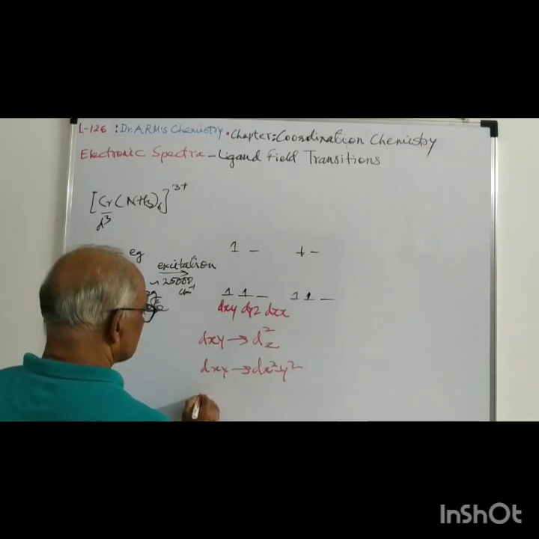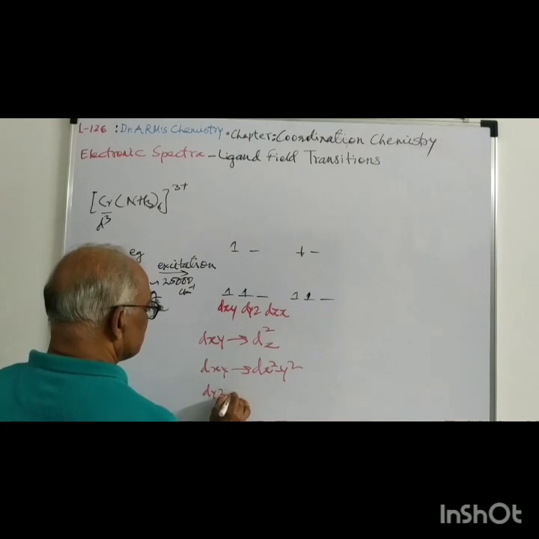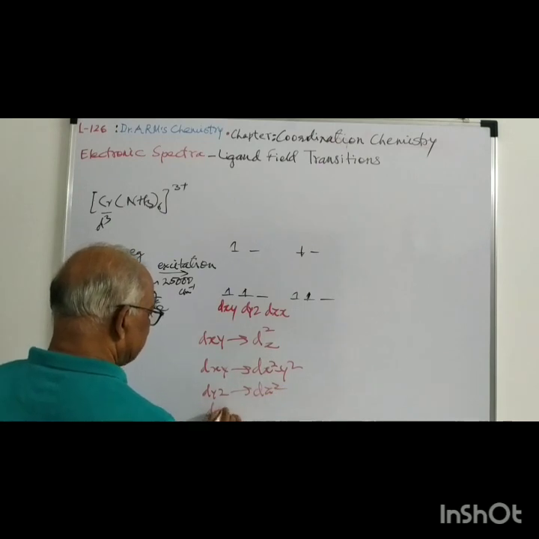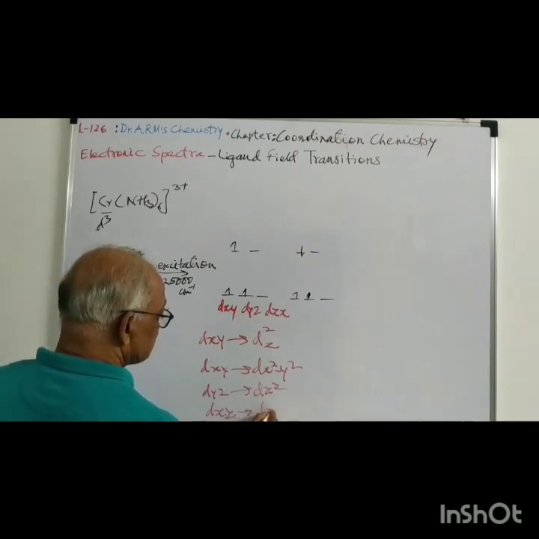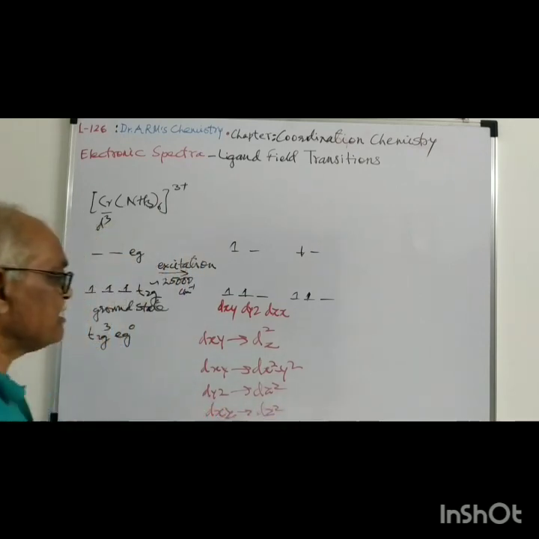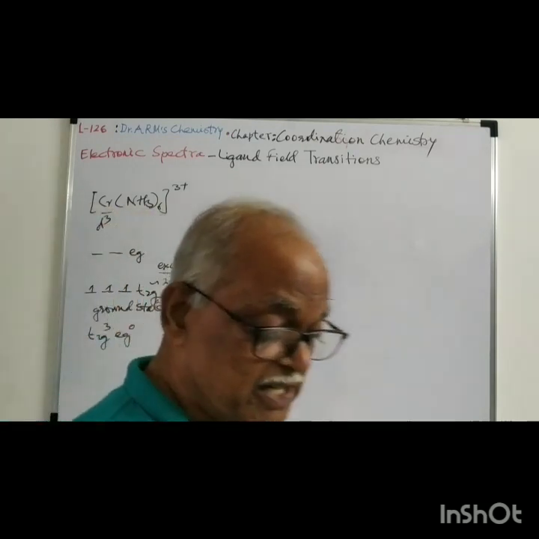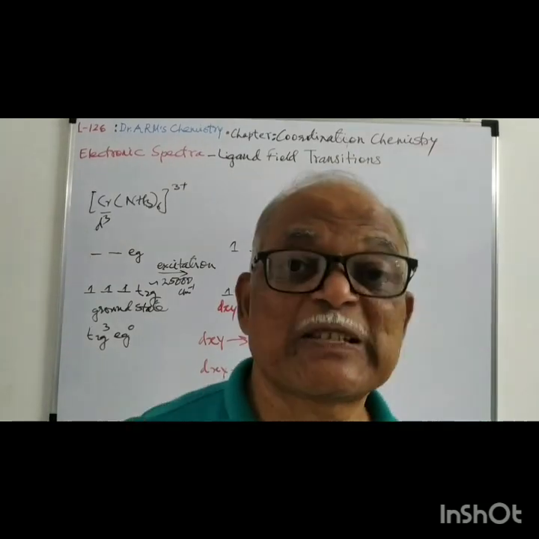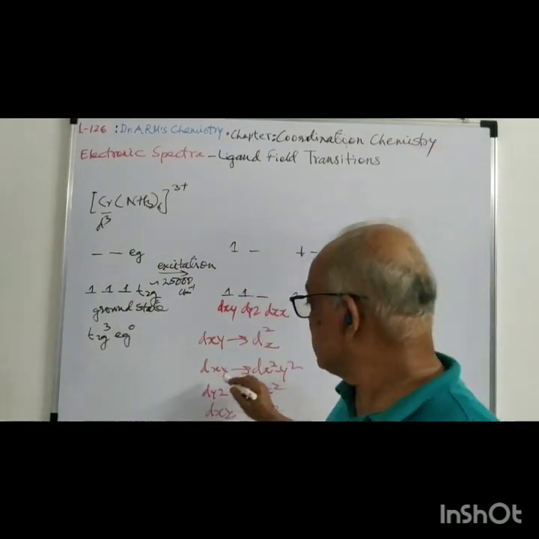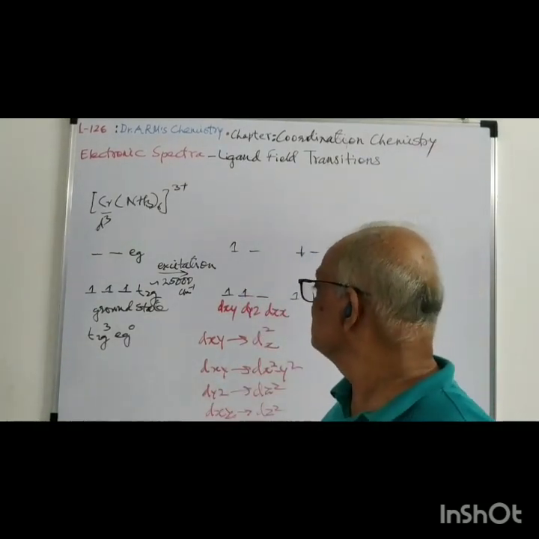Again, we have another option: dyz can move its electron to dz2, or dxz can move its electron from one state to the excited state, dz2. There are these various options, depending upon the availability of space in the orbital, where the excitation may take place.